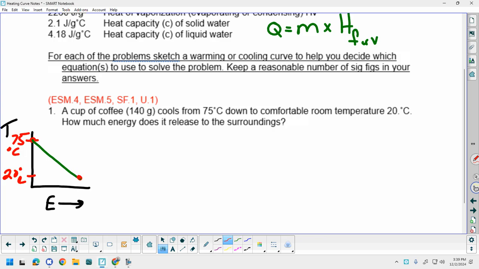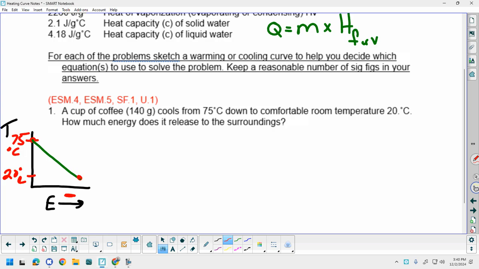Now, my energy has to be being removed from the coffee. I know energy must decrease because I'm going from a high temperature to a low temperature. So my particles are going to be slowing down, and the thermal energy of the cup of coffee must be decreasing as well.